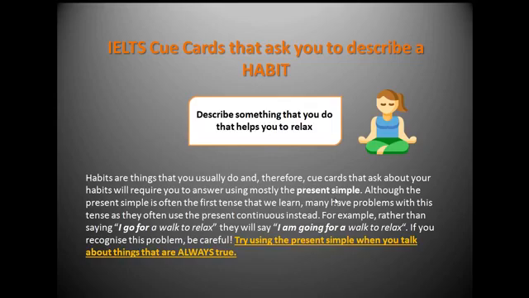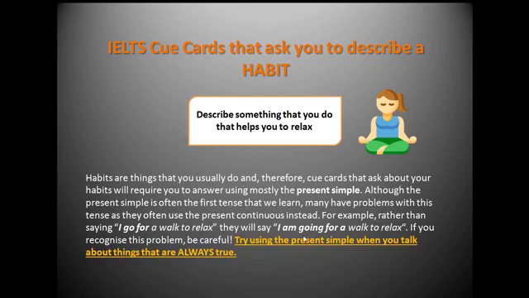Although the present simple is often the very first tense that we learn, many have problems with this tense. Why do many of you have problems with this tense? As you often use present continuous instead. For example, rather than saying, I go for a walk to relax, what most of the students say is, I am going for a walk to relax.